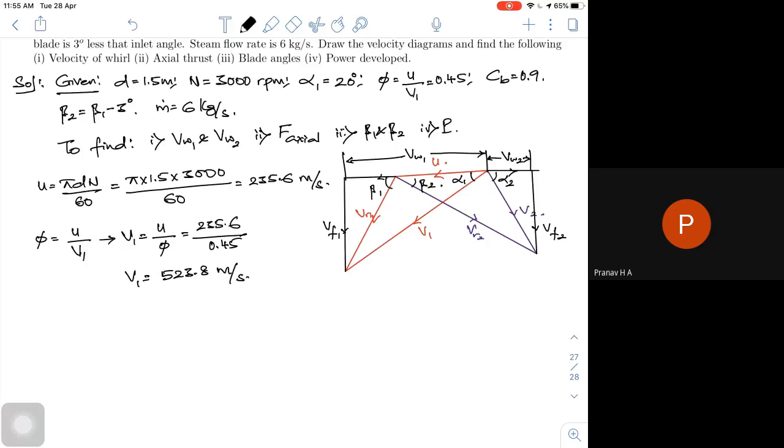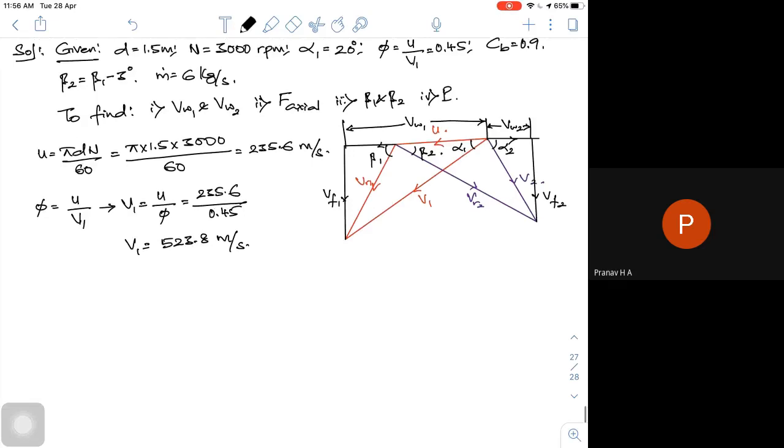Okay, now look at the velocity triangles. If I look at the velocity triangles, I can solve this using the velocity triangles. What is sine alpha 1? Maybe in the next class, I will teach you how to solve the same problem using graph sheet.